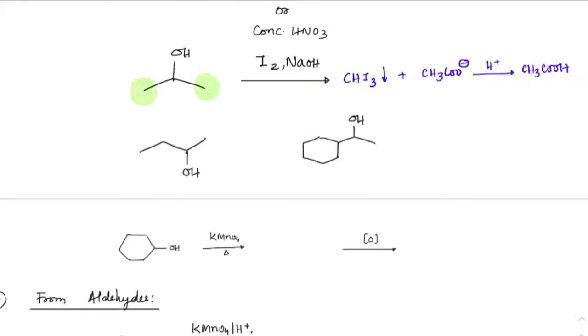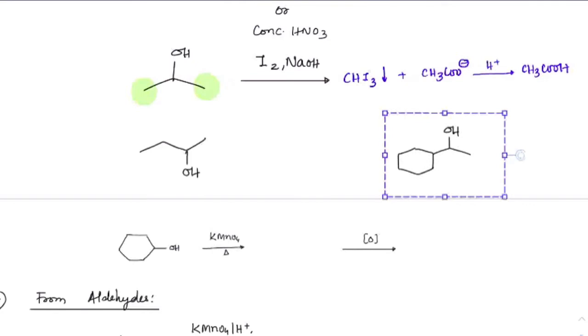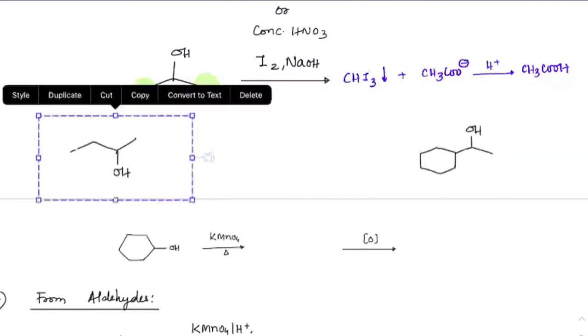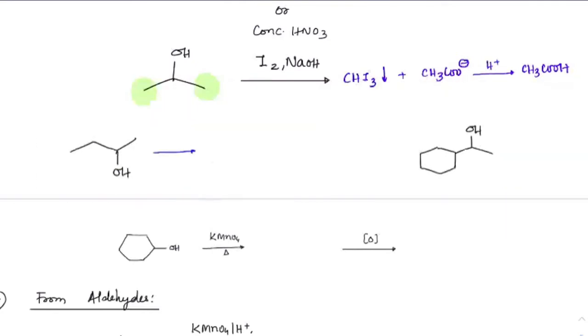I guess that is clear. So same thing here also, you can see the iodoform reaction can be used here. So here using iodoform I2/NaOH, we'll get CH3CH2COOH plus CHI3. This is followed by H+.